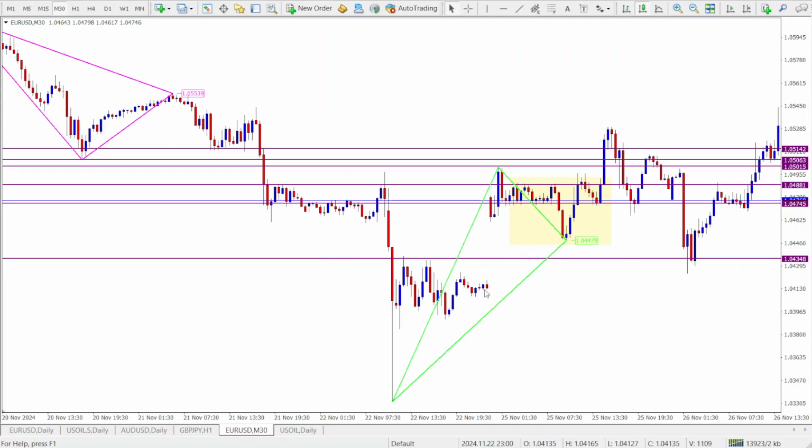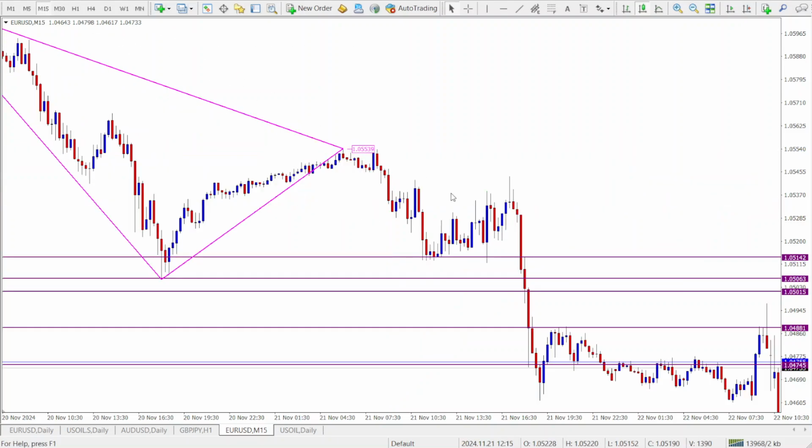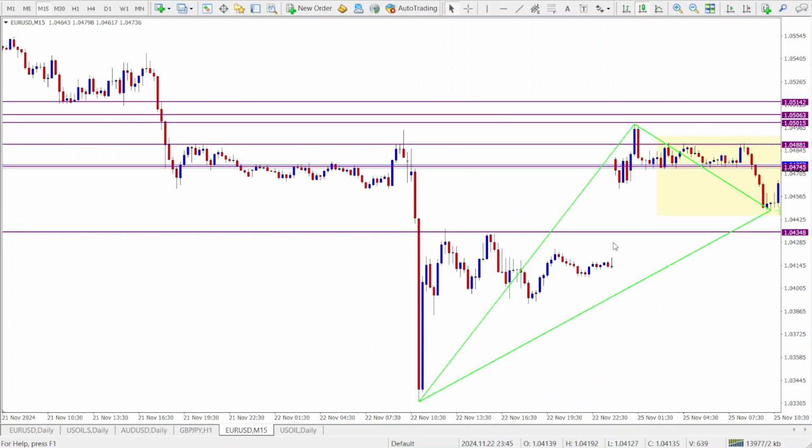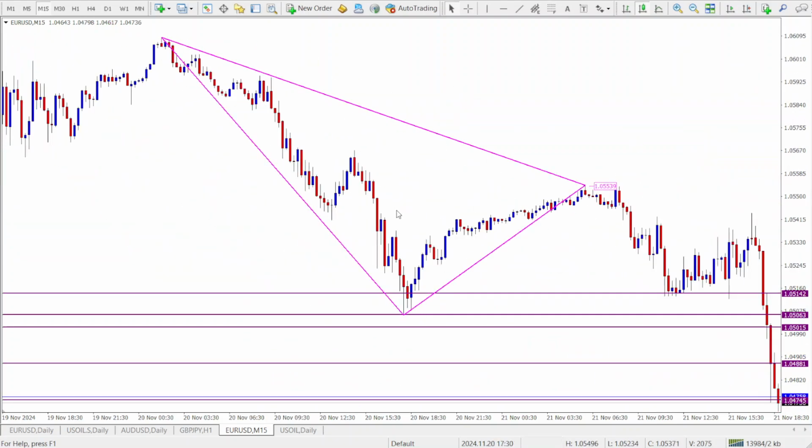And as we can see, we also had a triangle pattern form here. We had a breakout, we had a retest, and after this retest, this is also like what happened on the 15 minutes. Okay, this is another example. We had a breakout, we had a retest, and a continuation in the direction of the breakout.